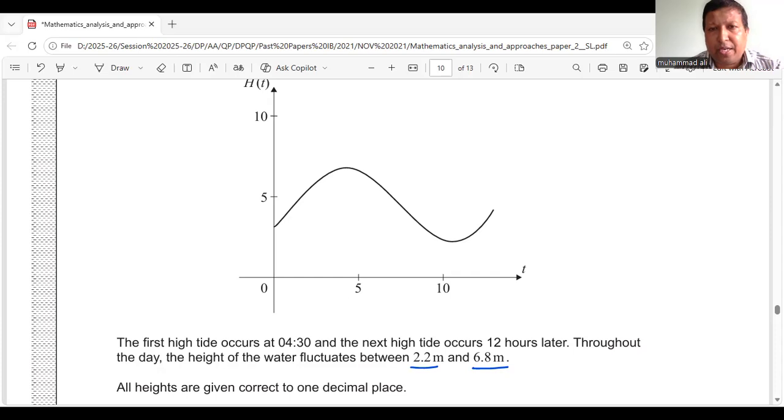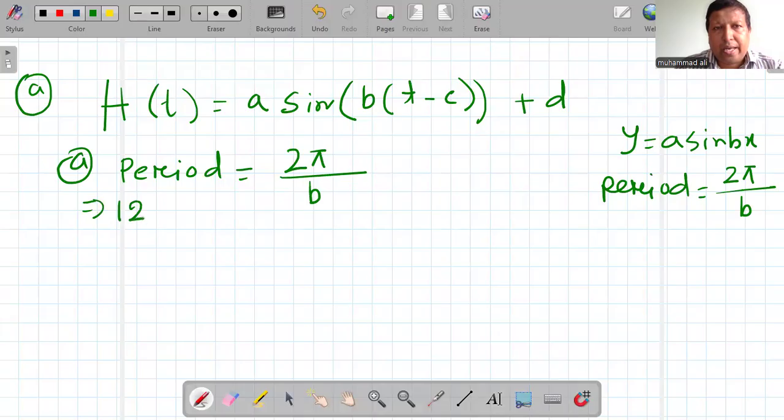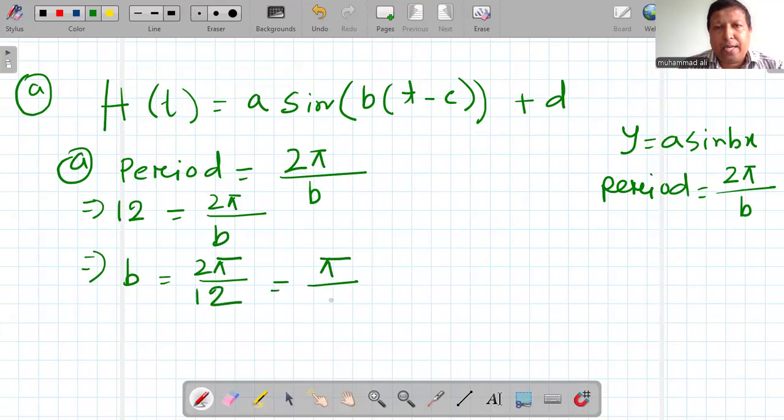So we write 12 equals 2 pi by b. So b equals 2 pi divided by 12, so it will be pi by 6. The first answer is pi by 6.